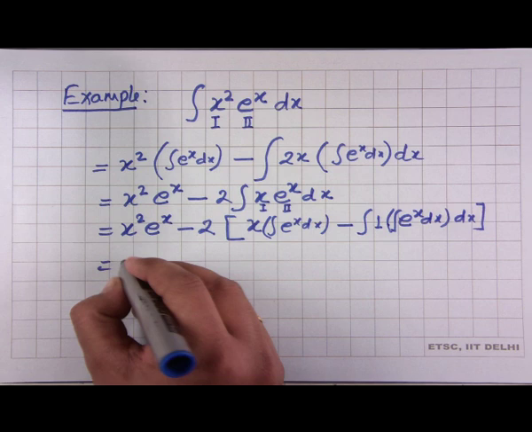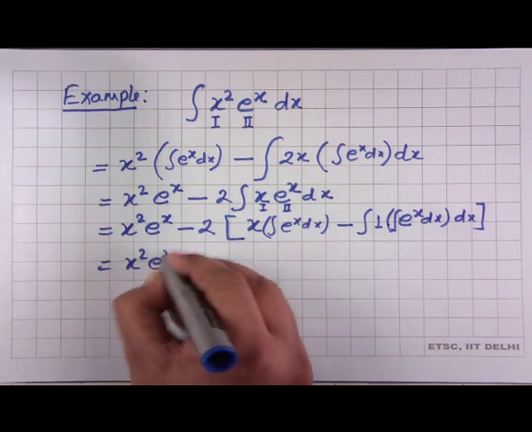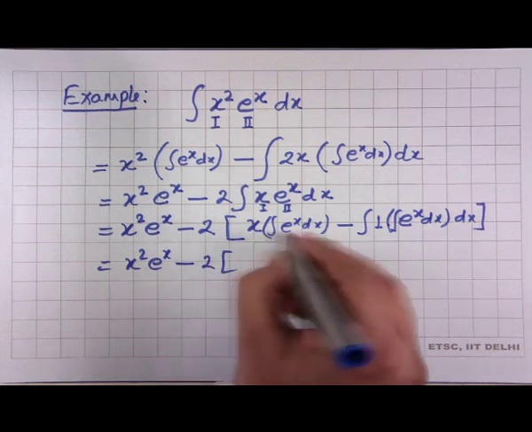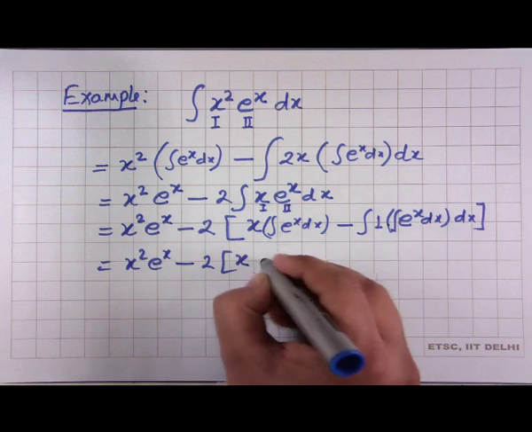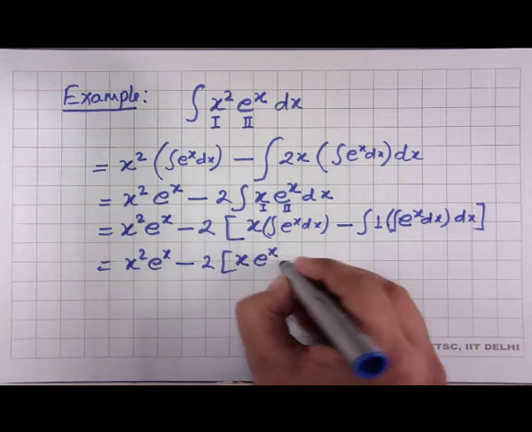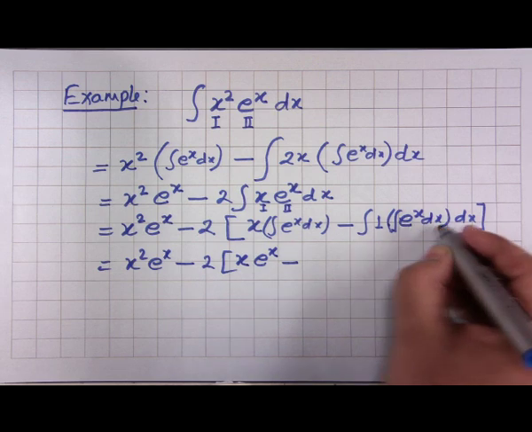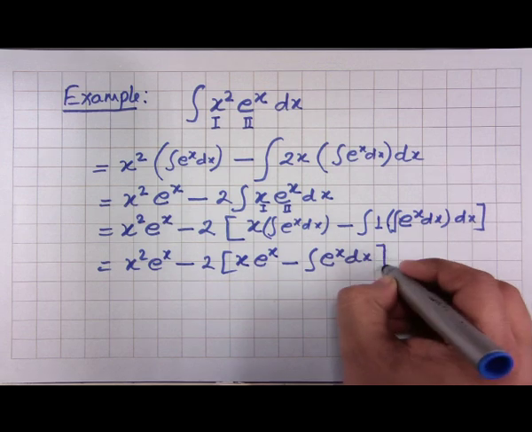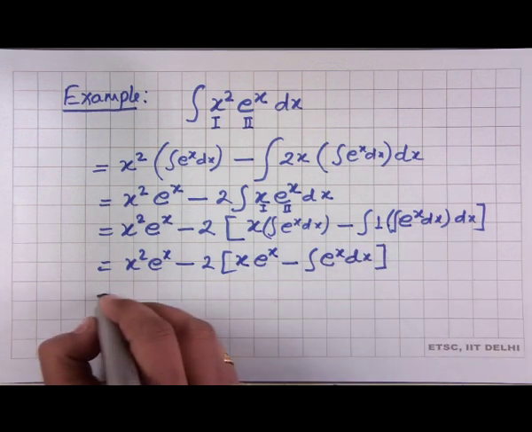This entire thing will take you to x square e raised to power x minus twice of x times e raised to power x minus integration of e raised to power x dx.